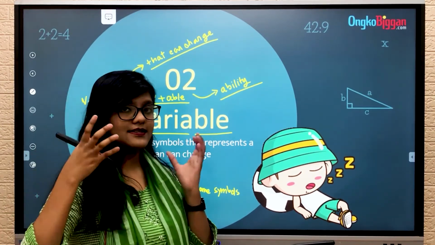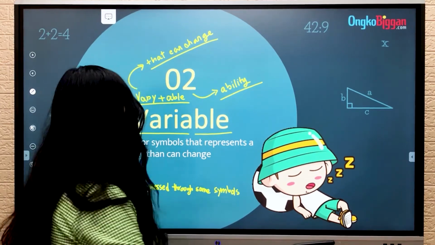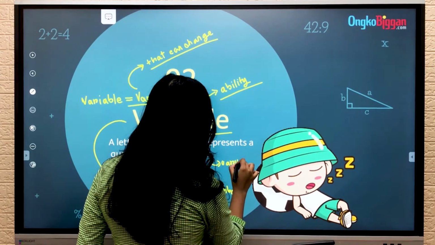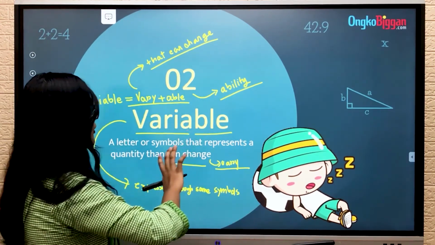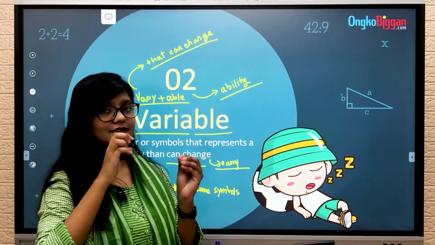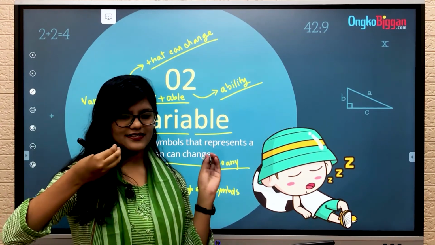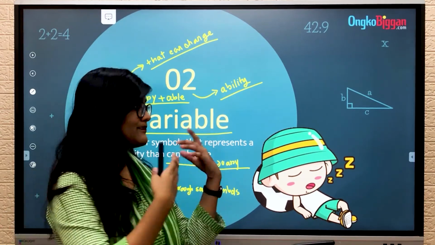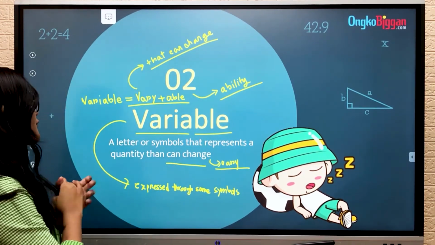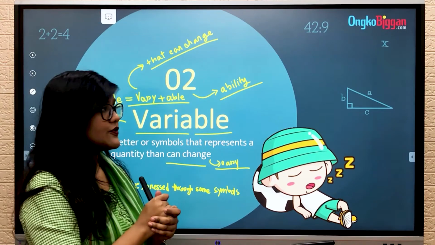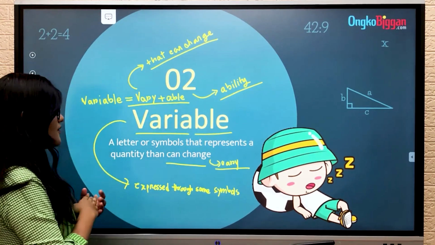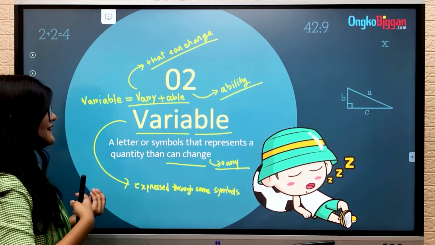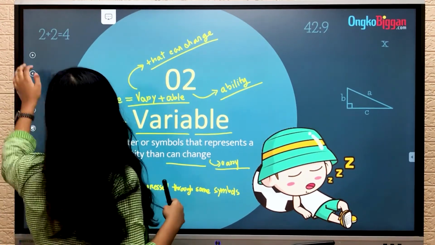We can get a certain quantity of something, and that can change. That means that can vary. So up to now you have just understood its basic definitional concept. So I am going to show you some practical example so that you will be more clear what is variable and what is meant through variable in case of our algebra.